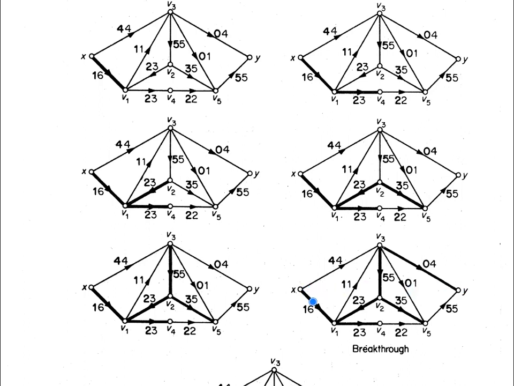Here we have 5 as the margin of this arc. Here we have 2. Here we have 1. It is the difference between flow and capacity for forward arcs, and the value for reverse arcs.